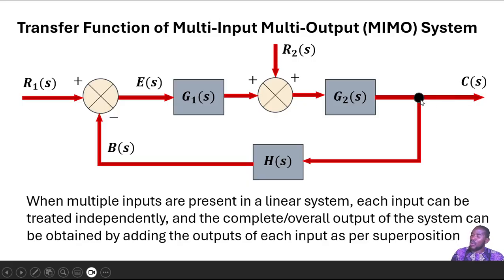Now from this junction, a portion of the output is taken into H of S, which is your feedback transfer function, and it acts on that and outputs its own value. Now this value comes to a negative comparator, so it's coming in as minus. Usually what we would have done is subtract this value from R1 of S. And now R1 of S is 0.